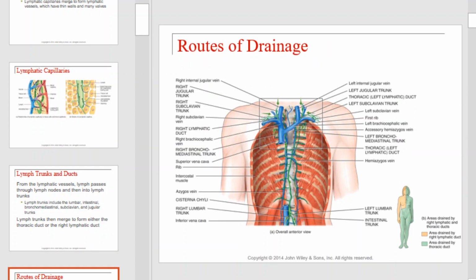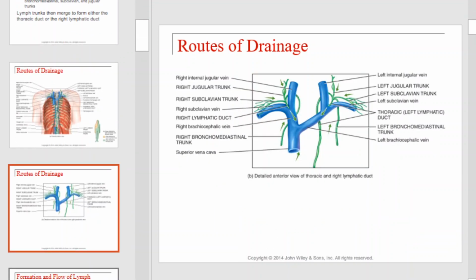This diagram illustrates the routes of drainage throughout the thorax. This diagram illustrates specifically the jugular trunks, subclavian trunks, the right lymphatic trunk, the right bronchomediastinal trunk, and their matched structures on the left side.